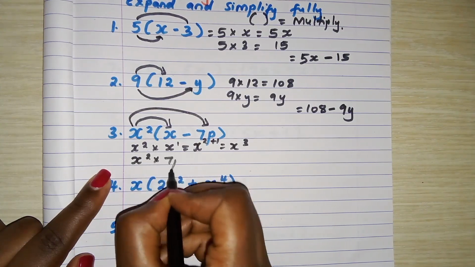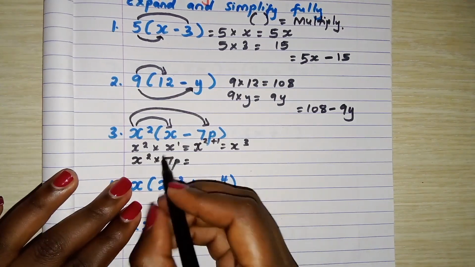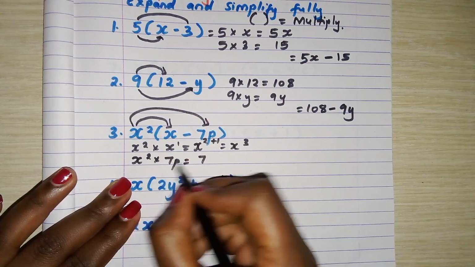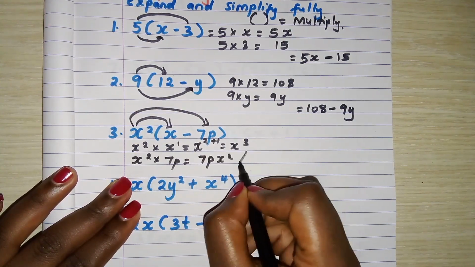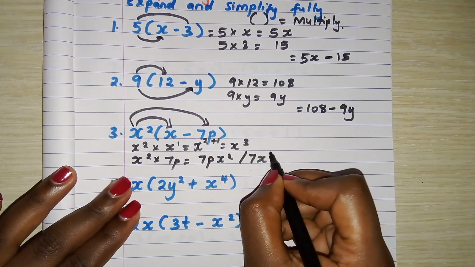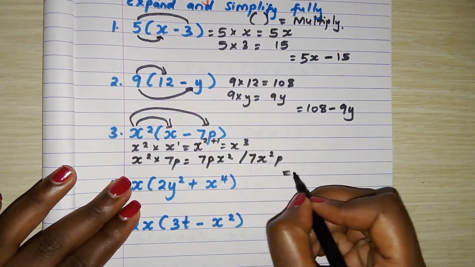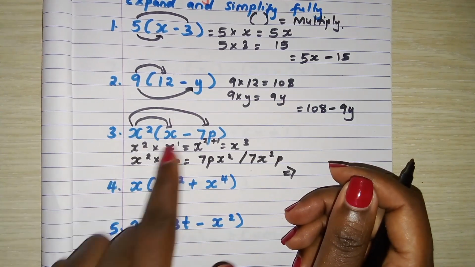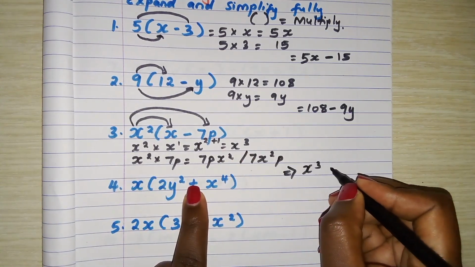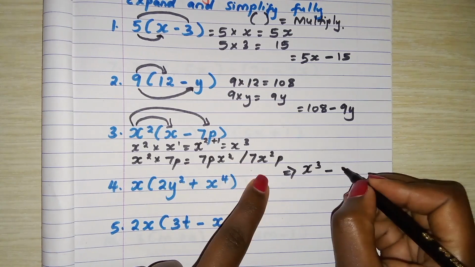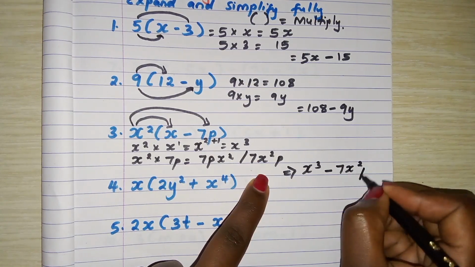X squared times 7p. So you start with the number 7 and then you put p x squared, or you can even write it as 7x squared p. It's the same thing. Now we put them together. So we started with this one, we got x cubed, and then the sign is minus 7x squared p.